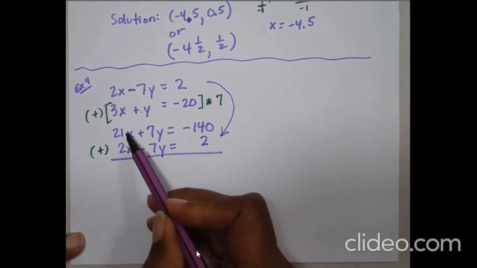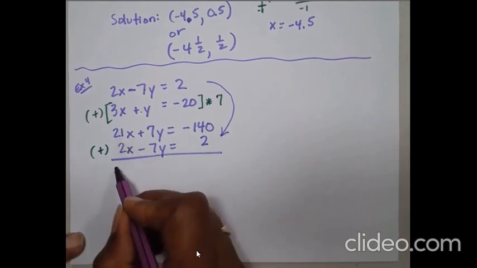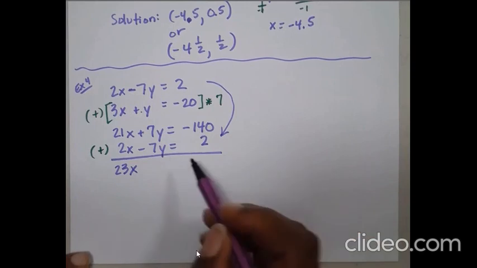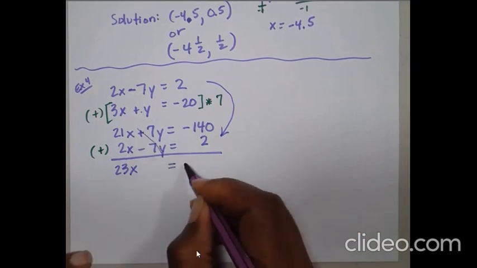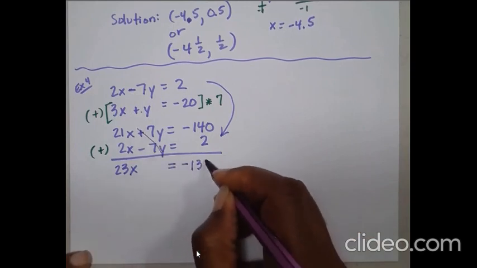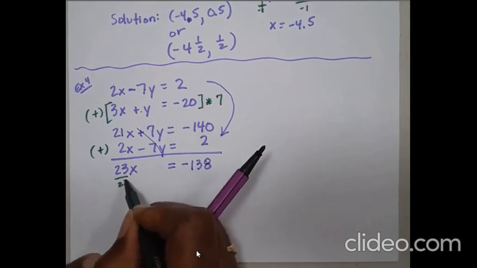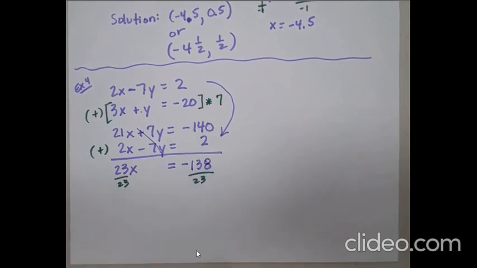So 21x plus 2x is 23x. The plus 7y minus 7y cancels out, and you're left with negative 138. If you divide both of these by 23, see what does that equal? 23 goes into 138.